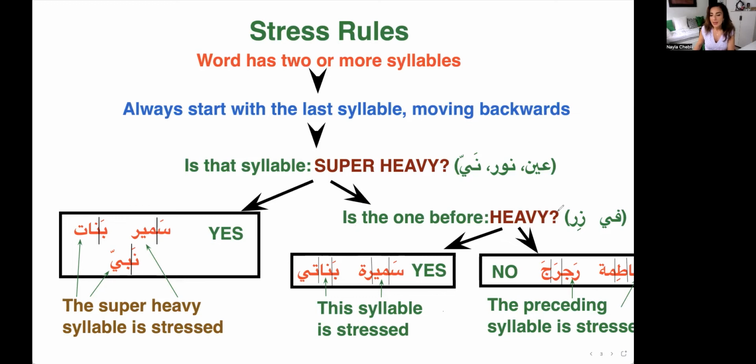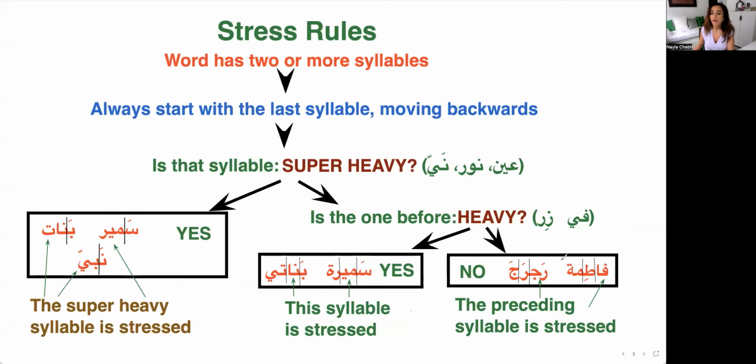If my answer here is, the preceding syllable to the last one, is it heavy? And my answer is no. For example, in the word Fatima. So I figured out already that the last syllable is not super heavy. That's ma.